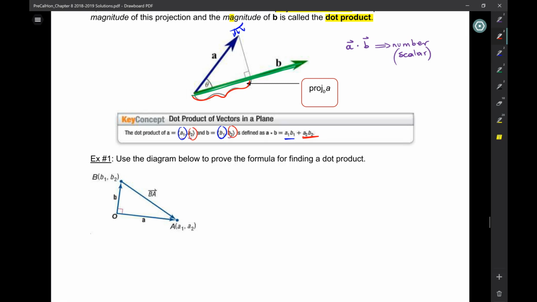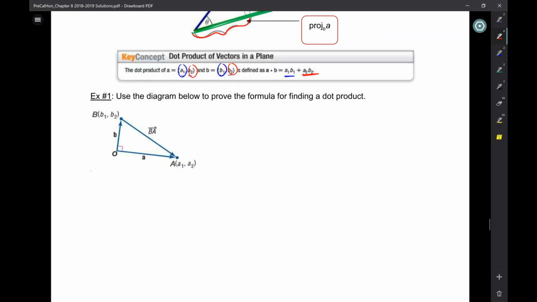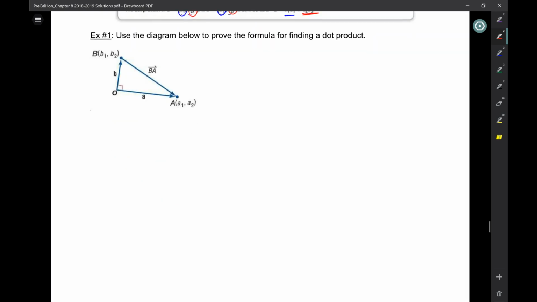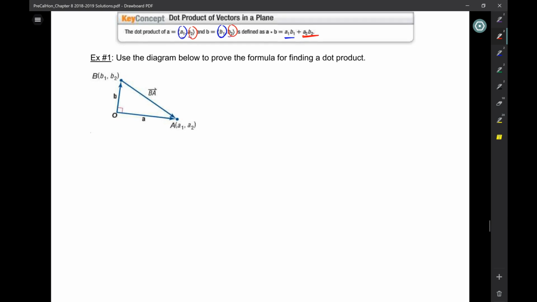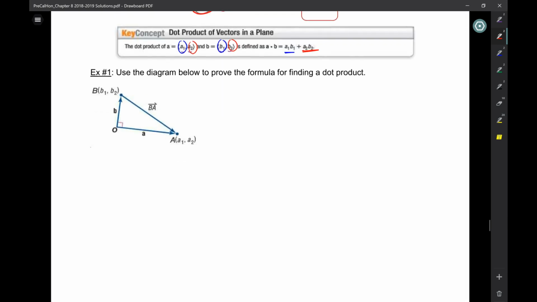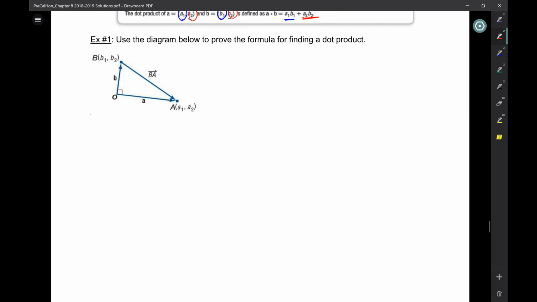Okay? I left space here for us to go through the proof, but because of time, I think this year I'm going to skip it. I might go back to it later, but I'm going to skip it for now.